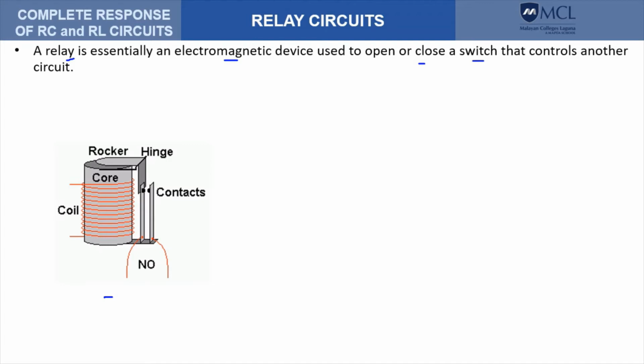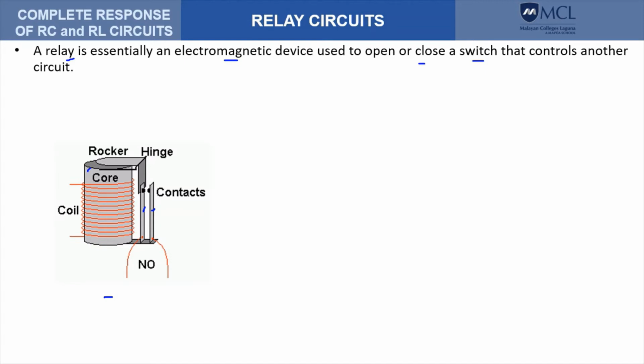It consists of a core made of ferromagnetic material, and around that core is a coil with a sufficient number of turns. We also have a rocker and a hinge, that is a movable element that moves about the hinge. We also have contacts. So this one and this one are contacts.